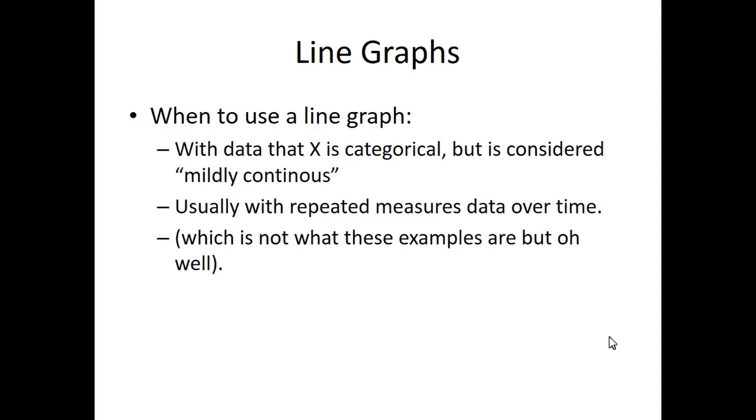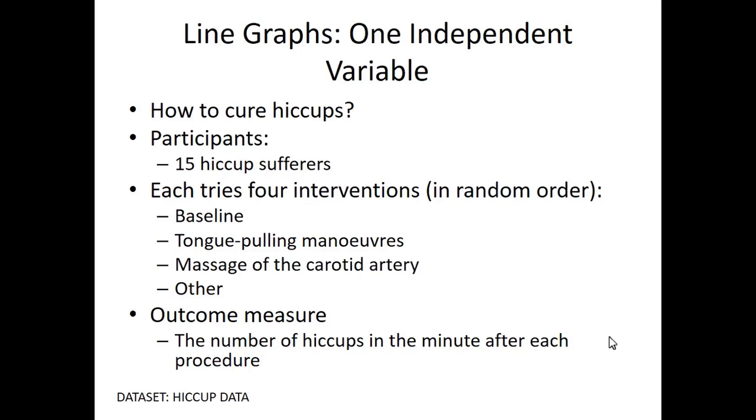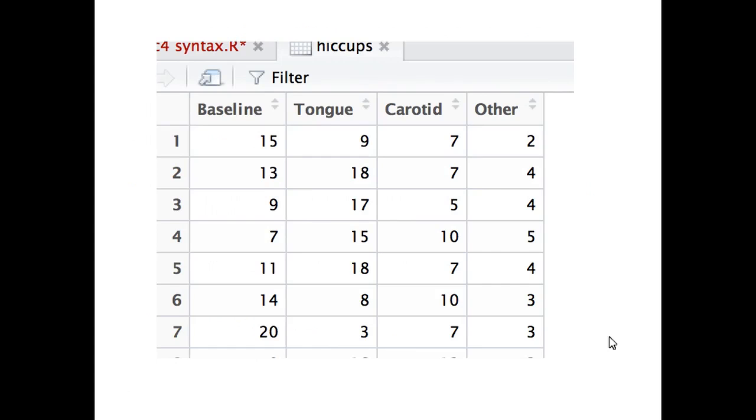Okay. So the silly example from the book is about hiccups. So we gave people who have hiccups 4 interventions, so this is repeated, and then we measured the number of hiccups they had. So lots of silliness to get rid of their hiccups. But the problem here, once we import this data set, is that it's in wide format.